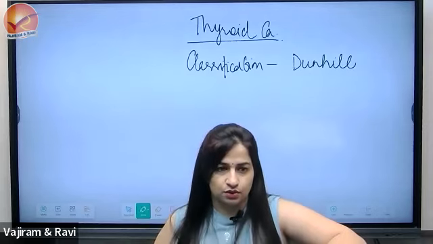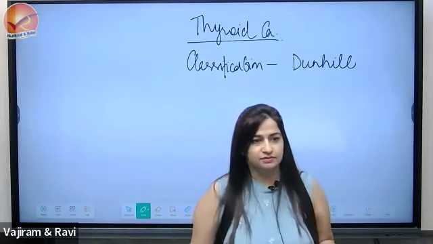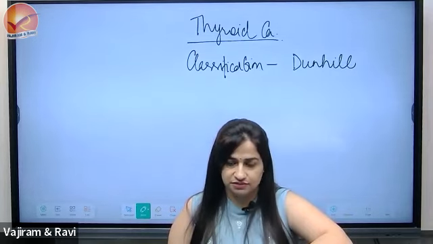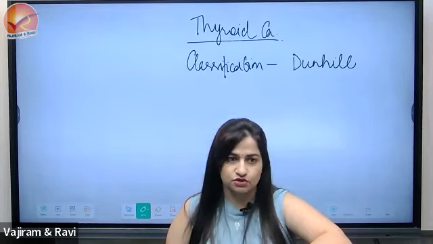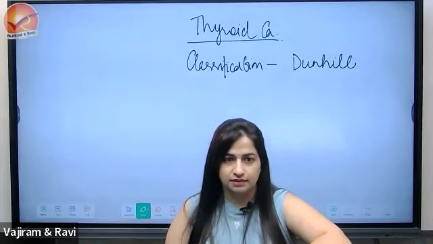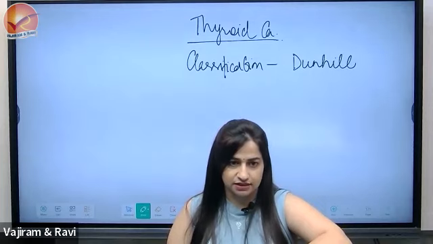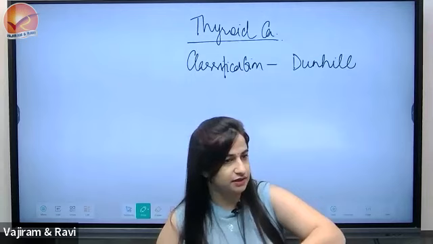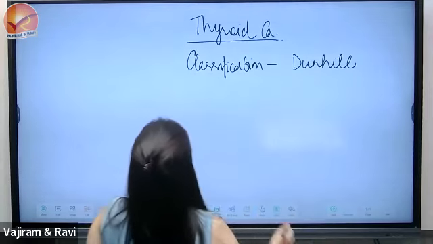But this is the classification which is followed. Okay. So how does the Dunhill classify? It basically looks like a histological classification, but the reason of classifying based on the cells is because of the tumor markers that we correlate with. Okay? Because with the medullary carcinoma, the markers are different, the treatment choice is different, everything is different. So that is why they have classified it like this.